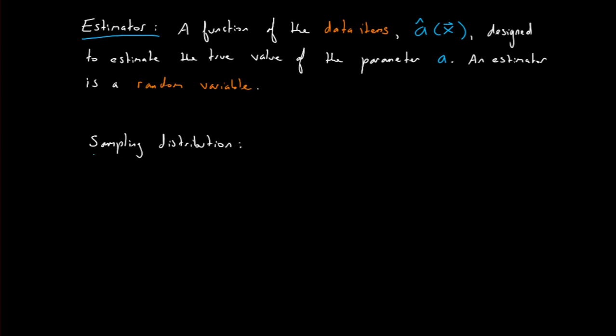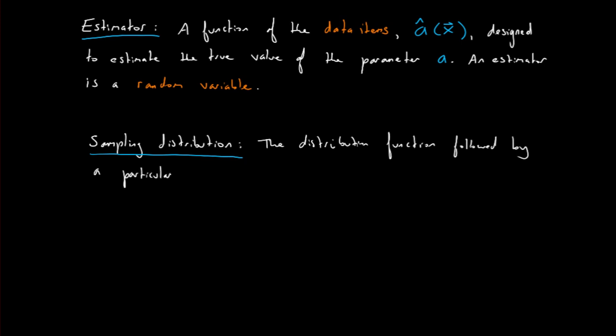Again, it might seem like a lot of words we're introducing here, but I promise we're almost at the end of definitions. But the sampling distribution is the distribution function followed by a particular estimator A hat.